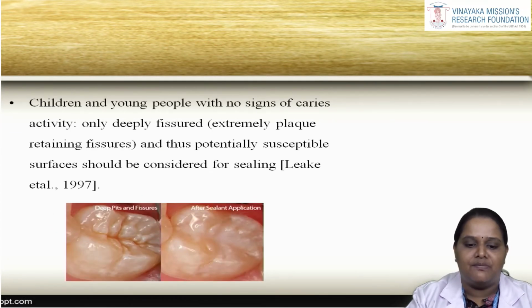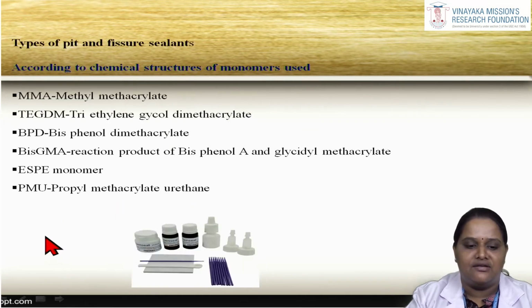Children and young people with no signs of caries activity, only deeply fissured, extremely plaque retaining fissures and thus potentially susceptible surfaces, should also be considered for sealing, and this is given by Leek et al. in the year 1997. Next is about the types of pit and fissure sealants.